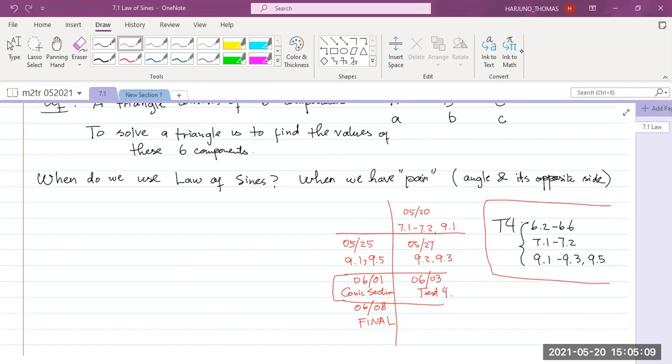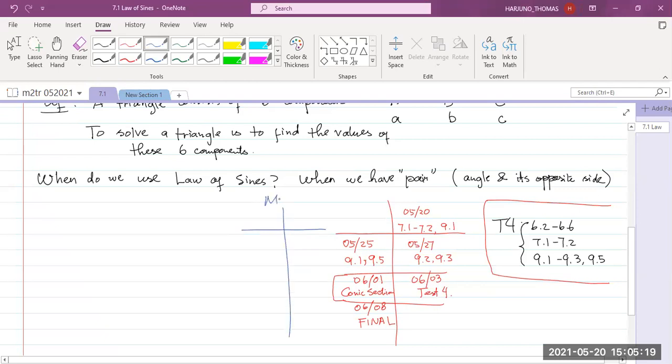Do we have a practice test or final? Oh, very good question. Based on the schedule I have, this is the schedule for the Monday, Wednesday class, and this is the Tuesday, Thursday class. We have done a test prep from May the 17th and also yesterday.